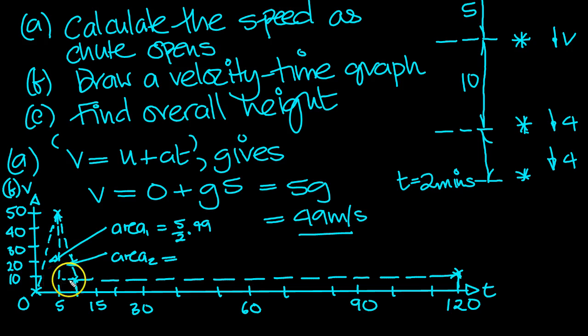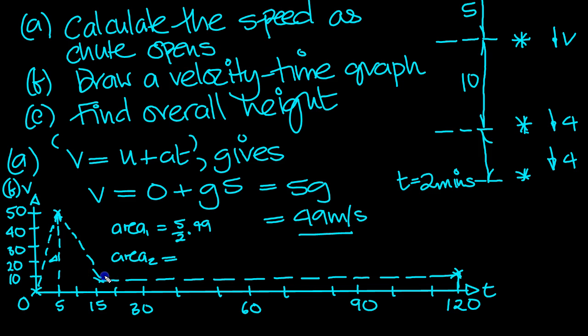Again, it's half base. It goes to 10, a further 10 seconds, so it needs to come out to here. I need to resketch that, because it's not quite right. It comes out to 15, because it's a further 10 seconds, not a total.